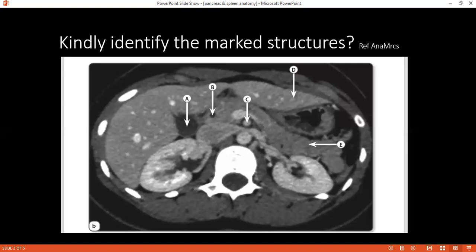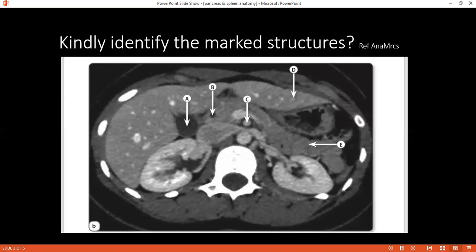Good. Can you please tell me what are the structures that you have to keep in your mind while doing splenectomy? Tail of the pancreas, acute pancreatitis post-splenectomy. Yes, why? What can happen if you injure the tail of the pancreas?